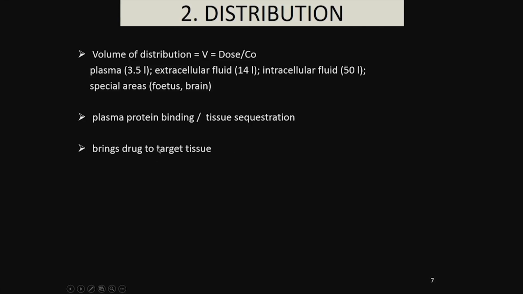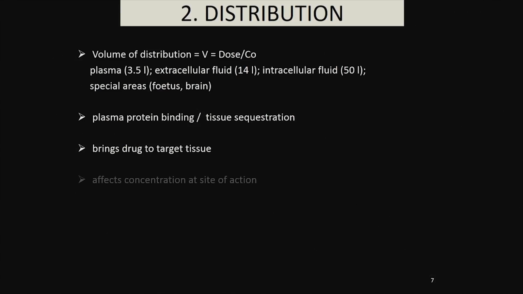This is very important, because the drug has to reach the target. It is not like a small car which goes directly to the target; the drug gets distributed, gets diluted, and then reaches the target. So distribution affects the concentration at the site of action.